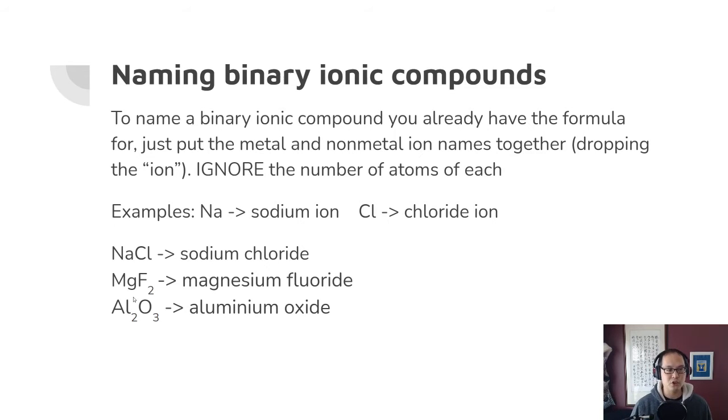Al has a charge of +3, so 2 Als is a charge of +6 total. O has a charge of -2, so 3 O's is a charge of -6 total. These ionic compounds always have a charge of 0.